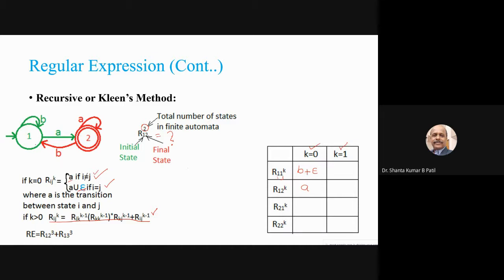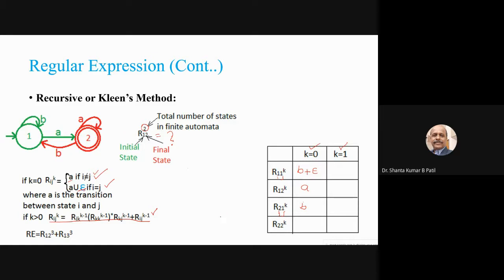So i is 1 and j is 2, and the transition is a. Next, 2 to 1: i is 2 and j is 1, so they are different, and only the transition between 2 and 1 is written, which is b.